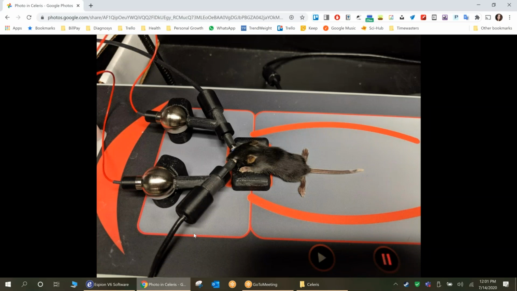We got a great response there with this animal. So you don't need to use a needle electrode for most protocols using the Solaris, and we do find that gives you a much better response.